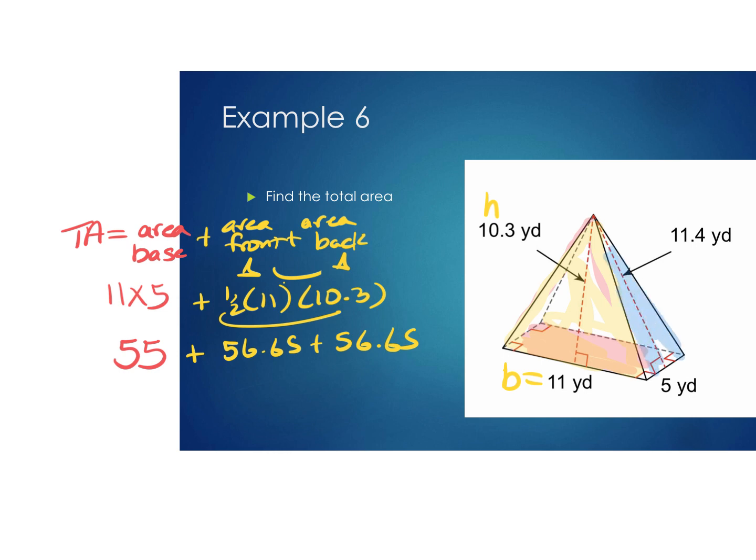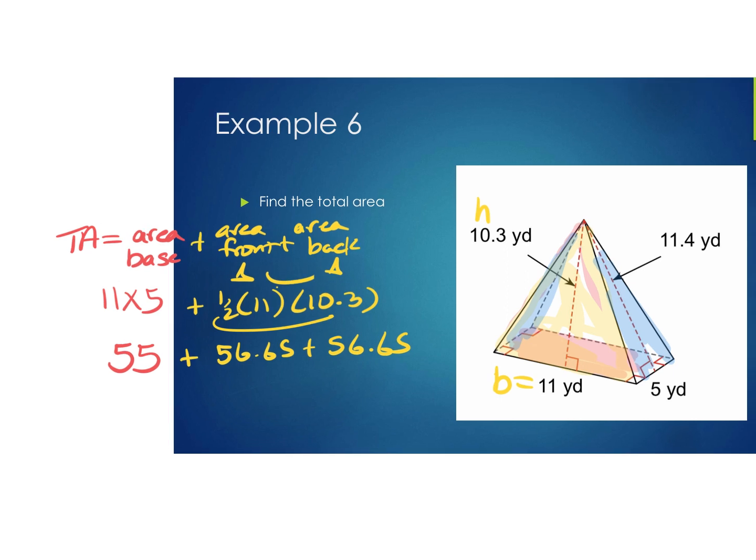Then I also have to find the left side and the right side. Now you can name these whatever you want, but you're going to have congruent triangle pairs on the top when it's a rectangle. So now I need the area of the left triangle and the area of the right triangle, and they're the same.